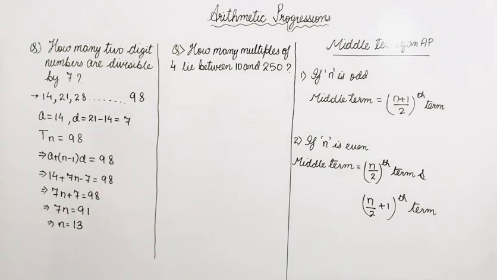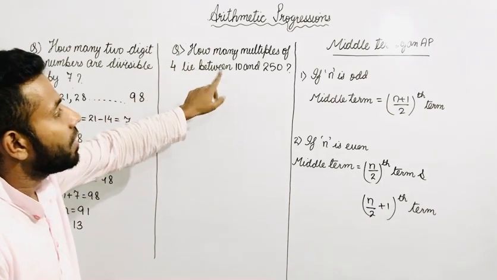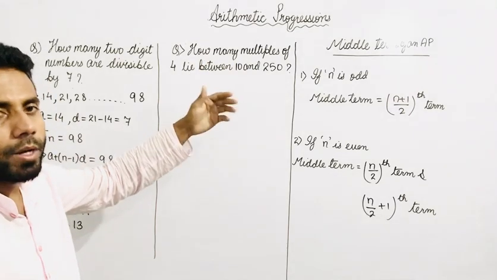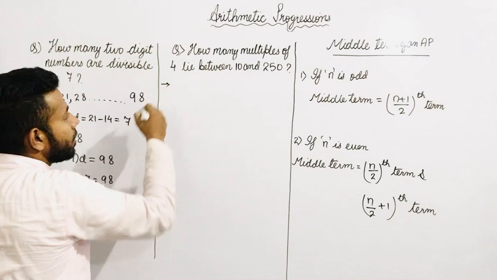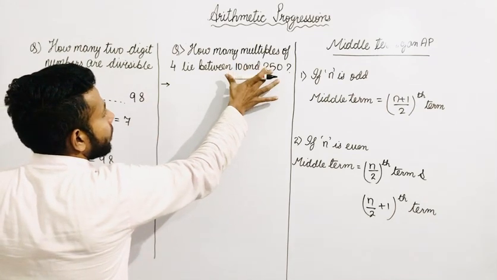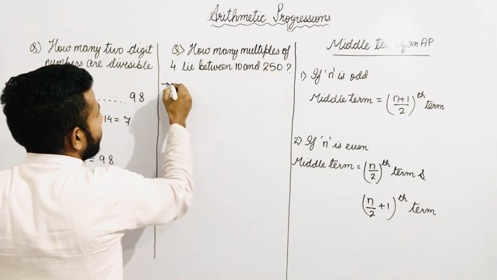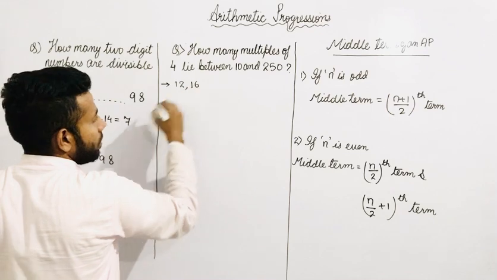Now the next question is, how many multiples of 4 lie between 10 and 250? So first of all, we will need to construct the AP. What is the first multiple of 4 that lies between 10 and 250? That is 12. The second is 16.